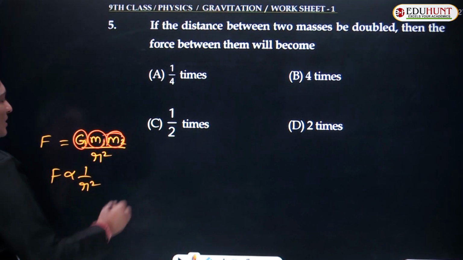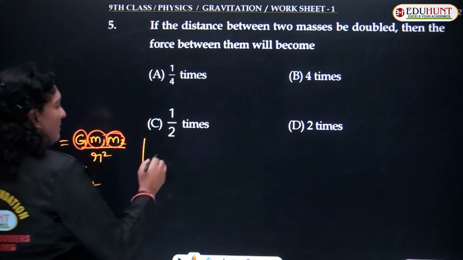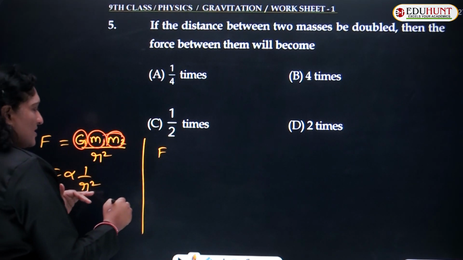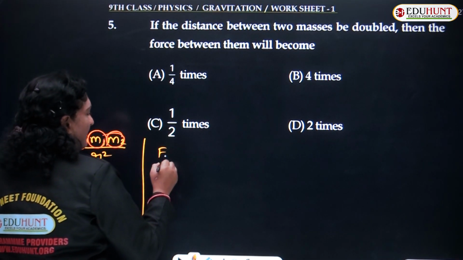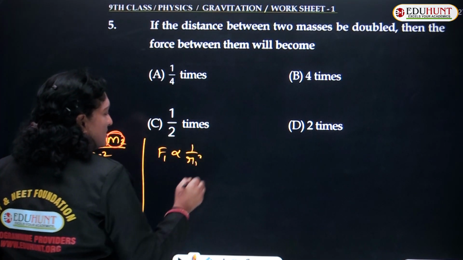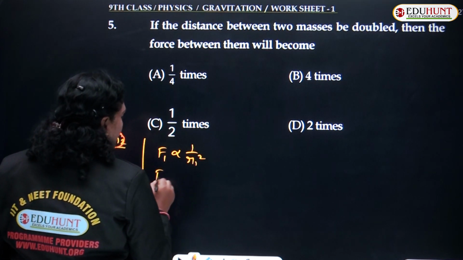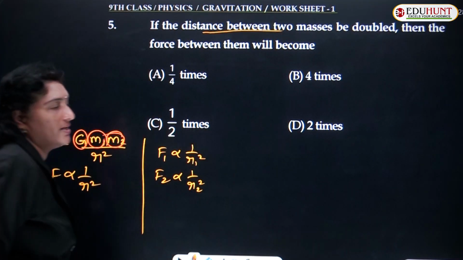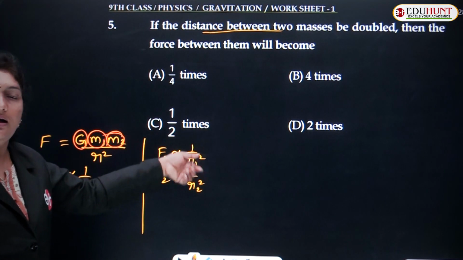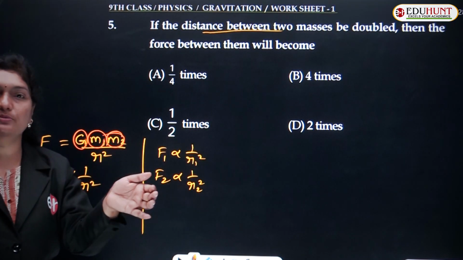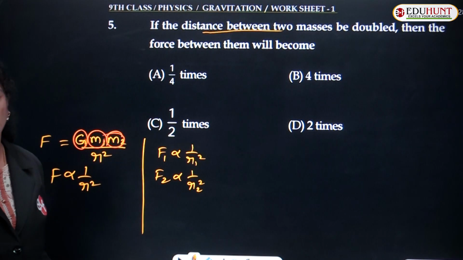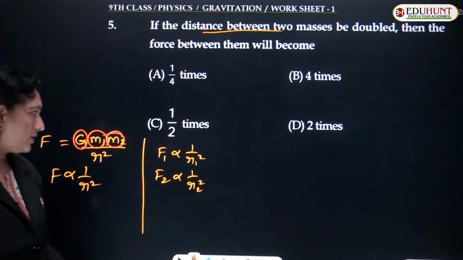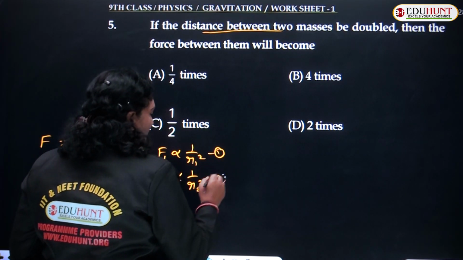If you compare two different cases, we can write that F1 is proportional to 1 by R1 square and F2 is proportional to 1 by R2 square, because distance is being changed. In the first case, if the distance between the two bodies is R1, then the force is F1. If the distance between the two bodies is R2, then the force is F2. Let this be equation 1 and this be equation 2.